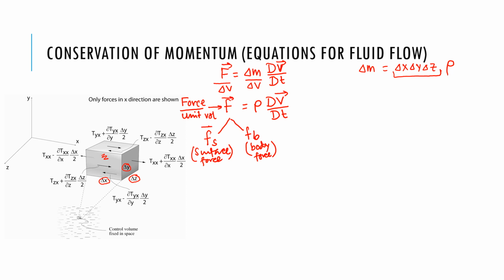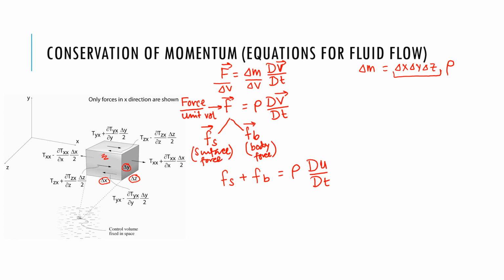Okay, so now these are still vectors. Now I want to write this equation only in the x direction, so only the x component. So I write Fs plus Fb is equal to rho times du over dt, where u is the velocity in the x direction. Now I'm going to write these forces in terms of the various components.